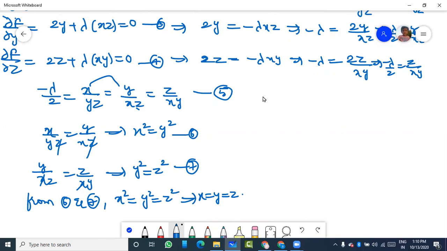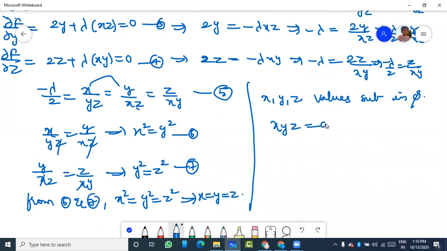Okay. These values, x equal to y equal to z, we substitute in phi. What is phi? xyz equal to a cube. So we can write it in x, or in y, or in z.